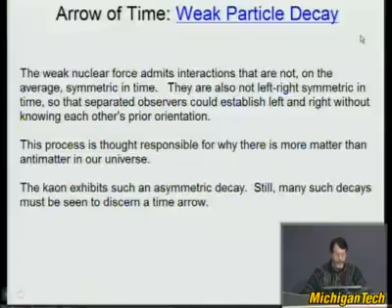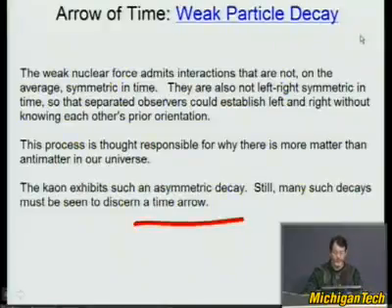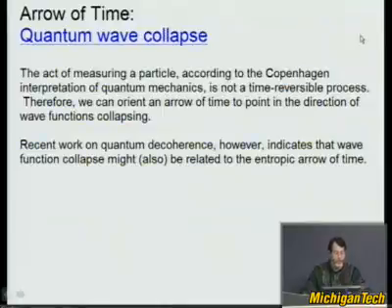Also tied into this asymmetric decay is that it defines an arrow of time. That you can only decay in a certain amount and get a certain way. Things have to decay so that the decay defines the future. Undecayed, past. Decayed, future. Kaons exhibit this, a type of particle.